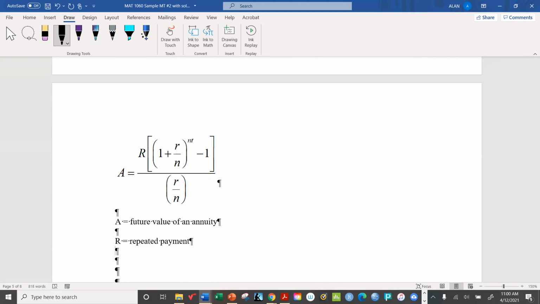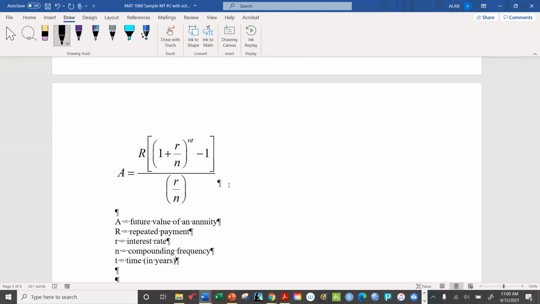The rest of the variables are exactly the same. For example, I guess I could put them back in. Lowercase r is the interest rate, n is the compounding frequency, and t is the time in years.